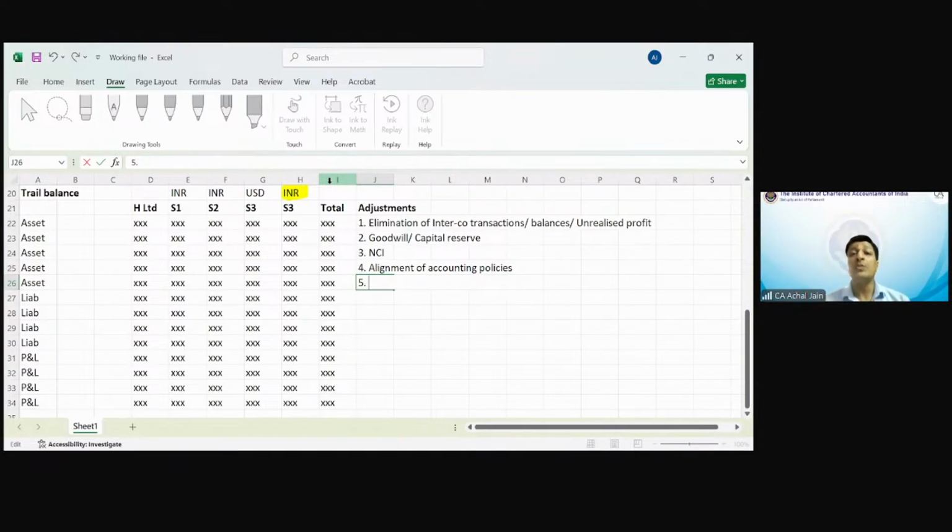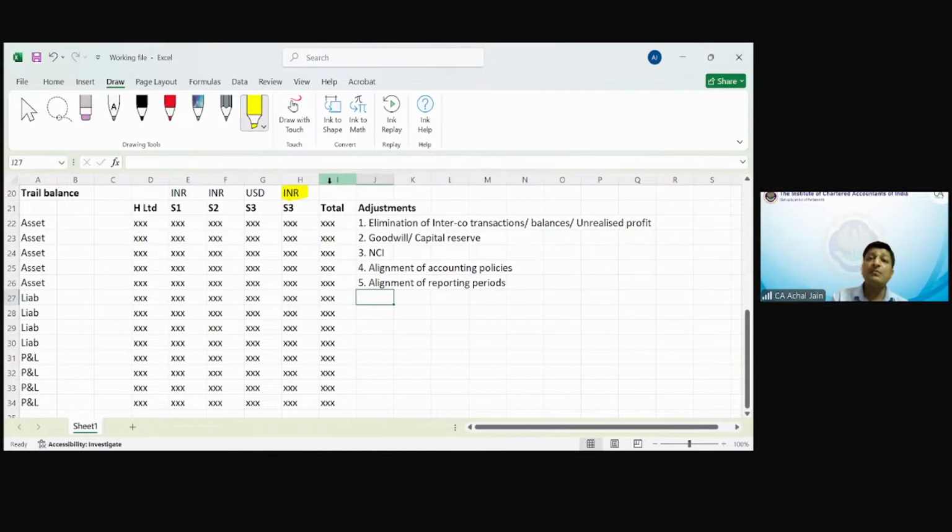So therefore, what do you need? Alignment of reporting periods. Correct? So an auditor needs to ensure whether the reporting periods are aligned or not. Let's suppose reporting periods are not aligned, then under Ind AS a difference of 3 months is permissible.